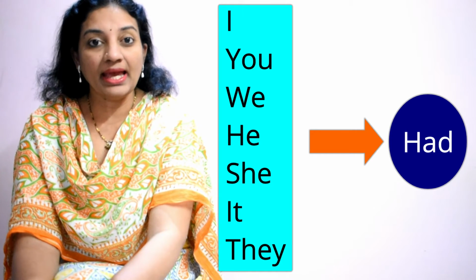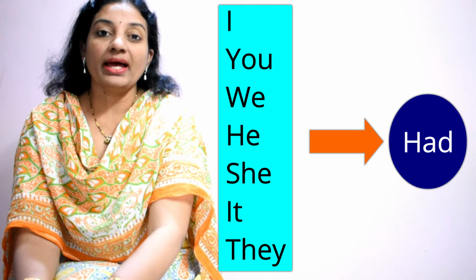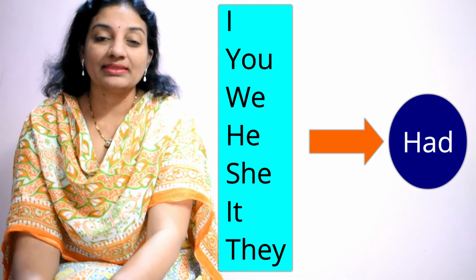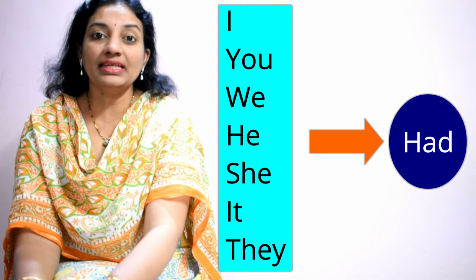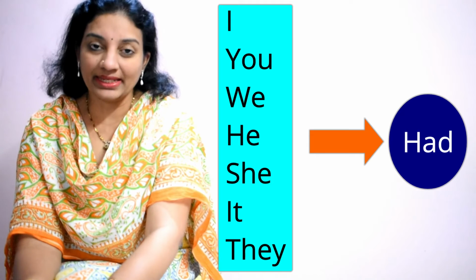Okay? As far as had is concerned, our job is a bit easy. Because all the 7 pronouns I, we, you, he, she, it, they all take had in past tense. I had, you had, we had, they had, he, she, it had.